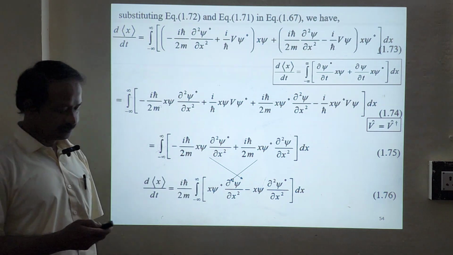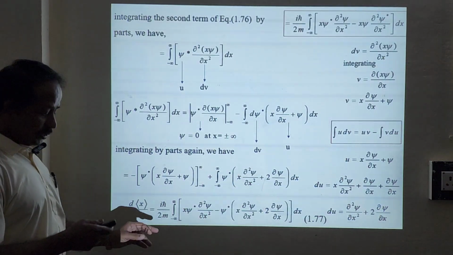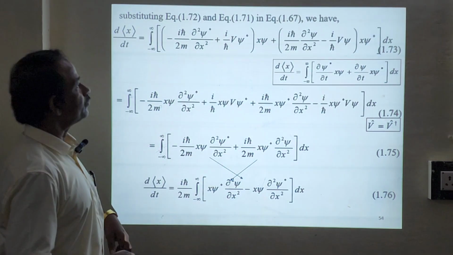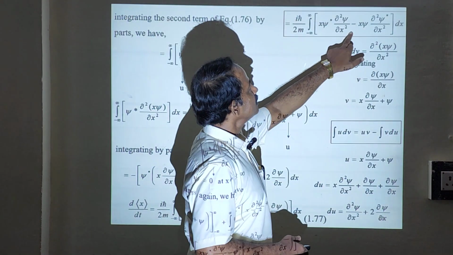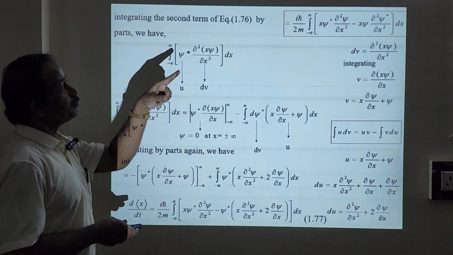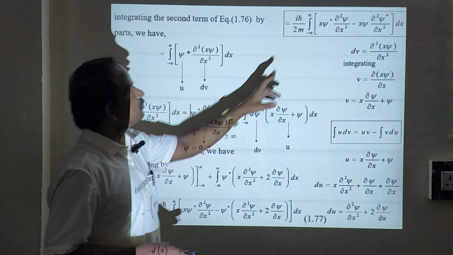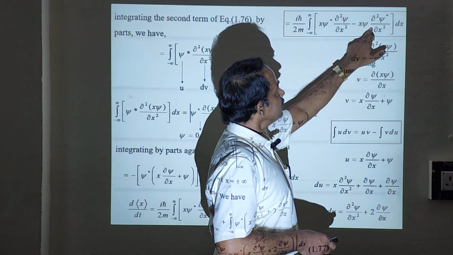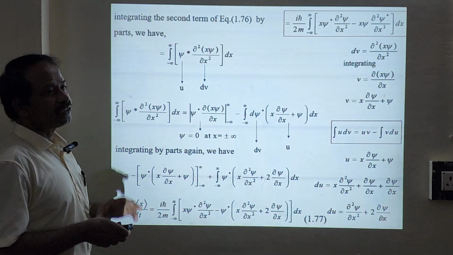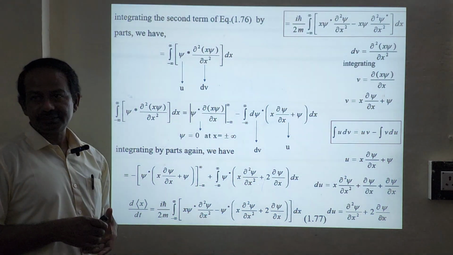Up to 1.76. Now we are going to integrate the second term alone. I have written the same equations here. I am going to integrate using integration by parts. We are going to integrate both the terms. For the time being we will take the second term and integrate it using integration by parts.